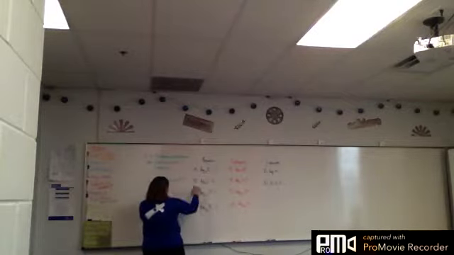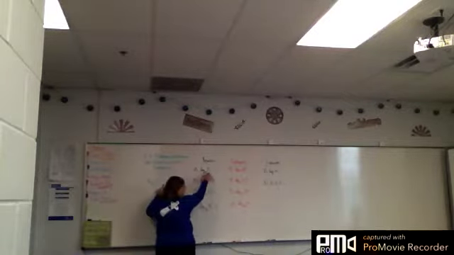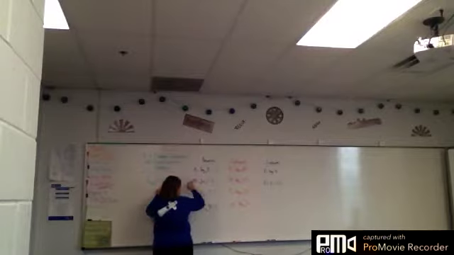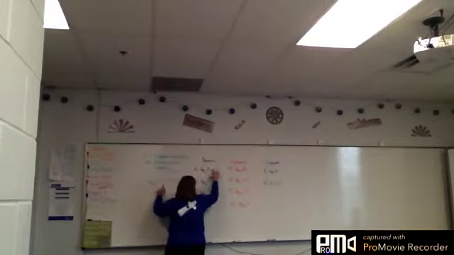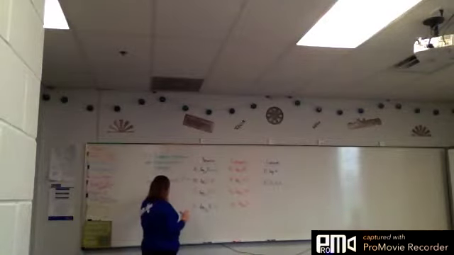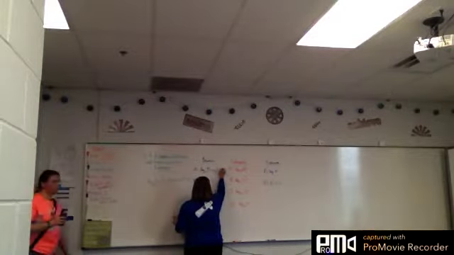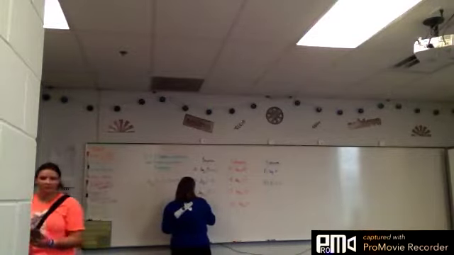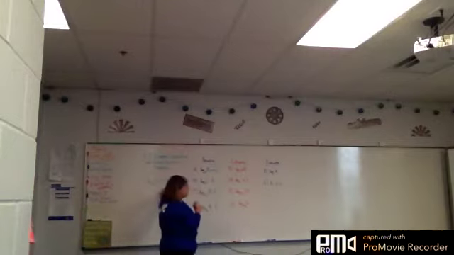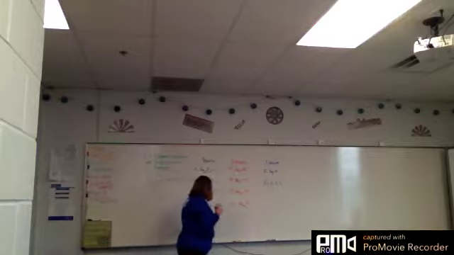Was this set equal to something originally? No. If it's not set equal to something, then I just put an x up here. So 2 to the x equals what?